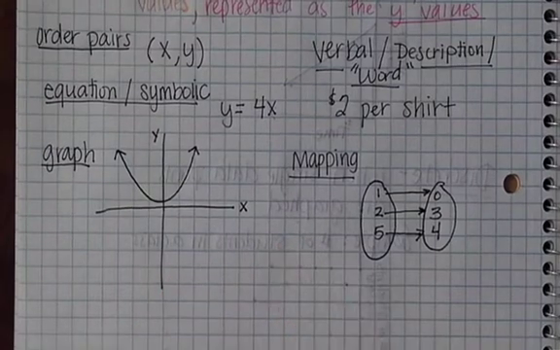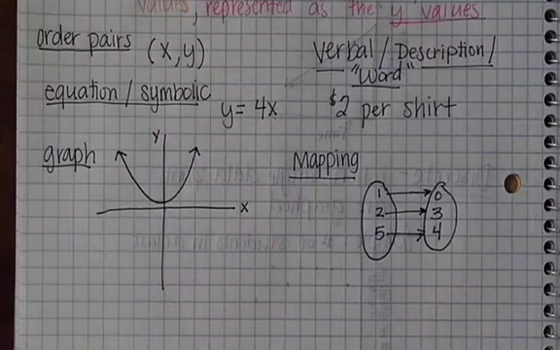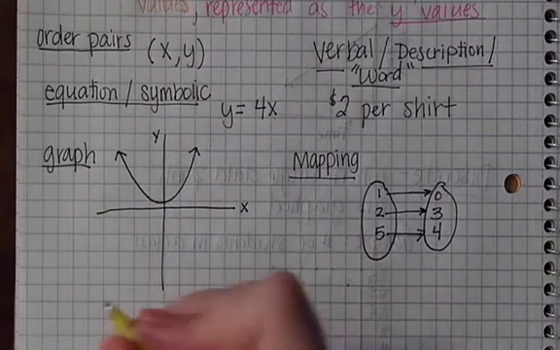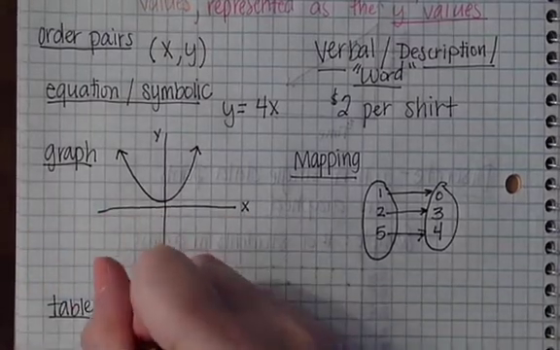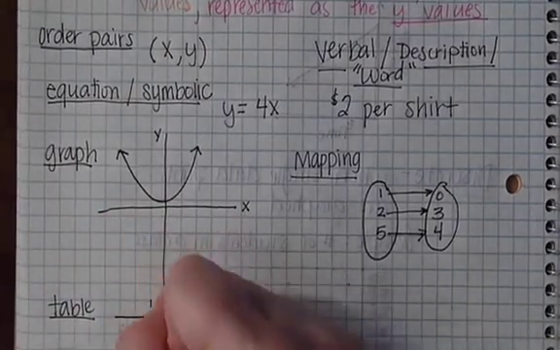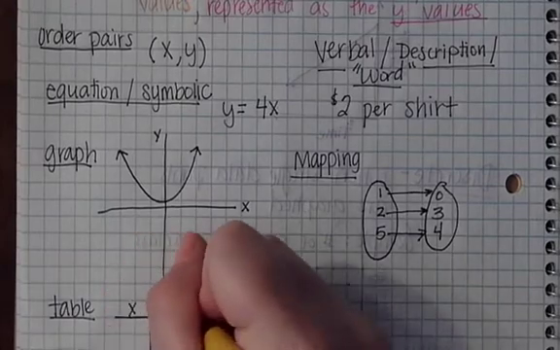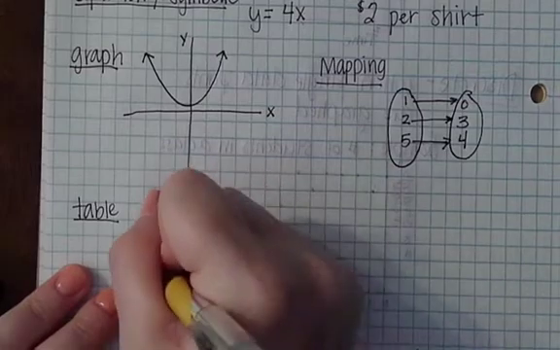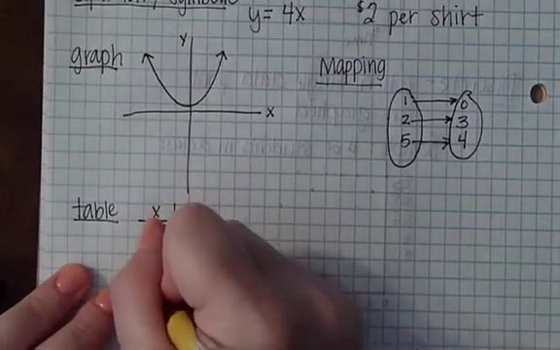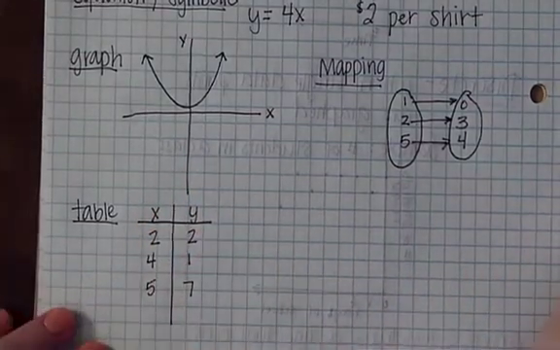And those are just random numbers that I made up in my head as I was going. We have table, which you have X and Y, 2, 2, 4, 1, 5, 7. So X and Y values.